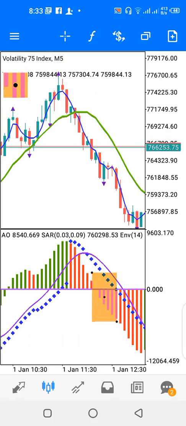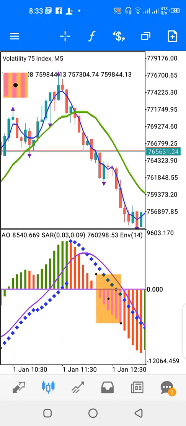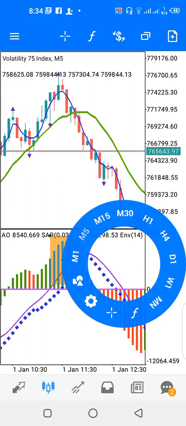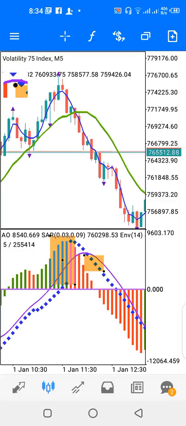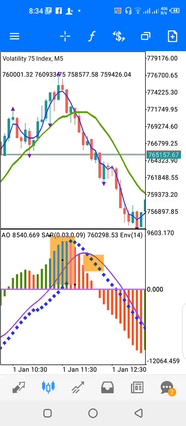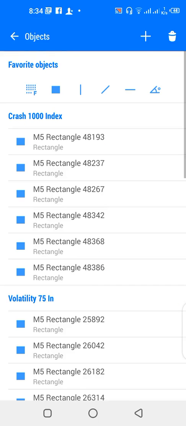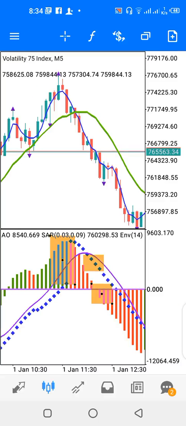Another confirmation is the red awesome oscillator bars developing below the zero level. So this is a signal. This is the confirmation, and this is another confirmation. So it's as simple as that.